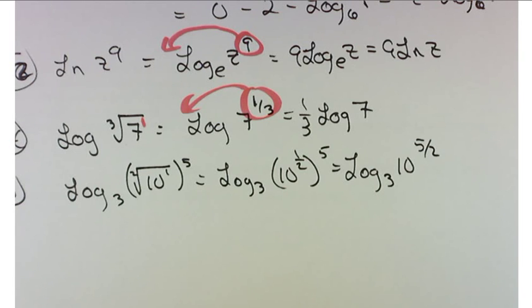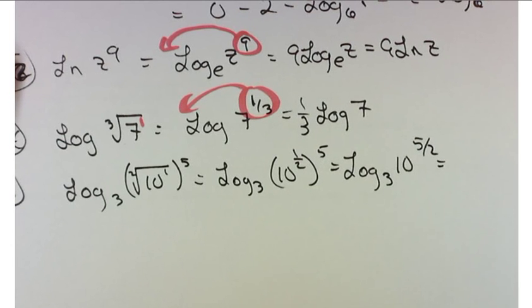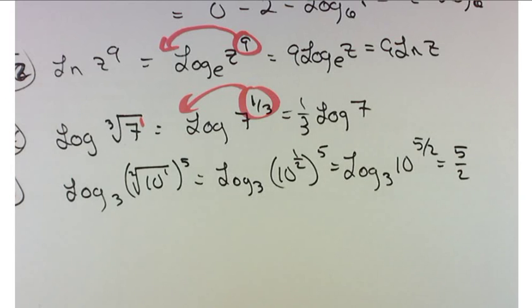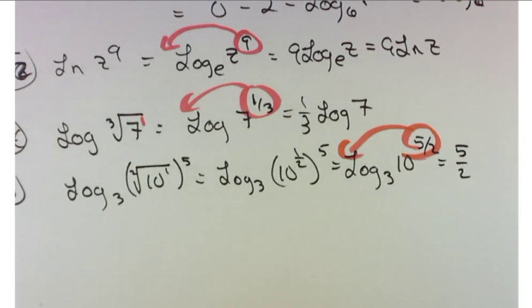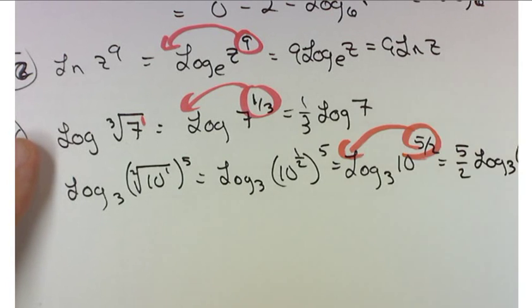Can you do the last step? So the 5/2 comes out in front. 5/2 times the log base 3 of 10.